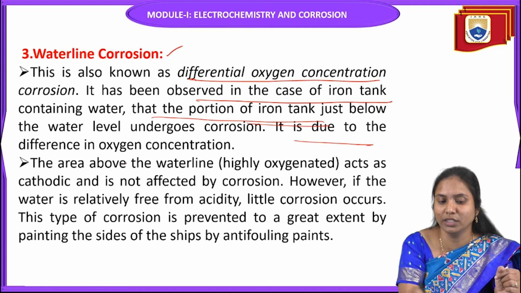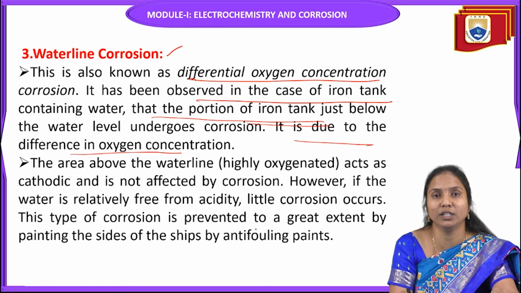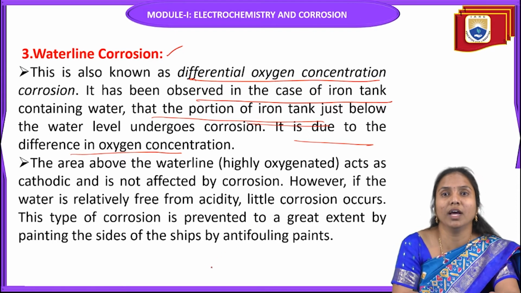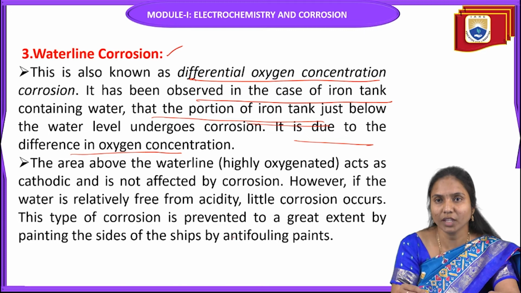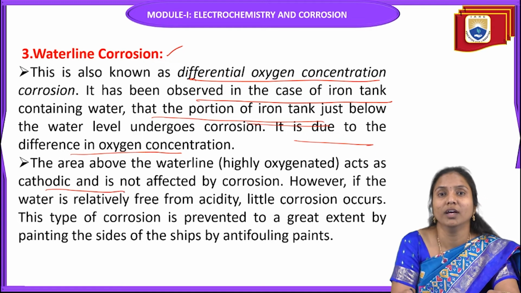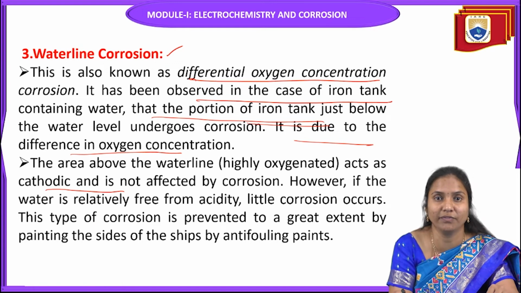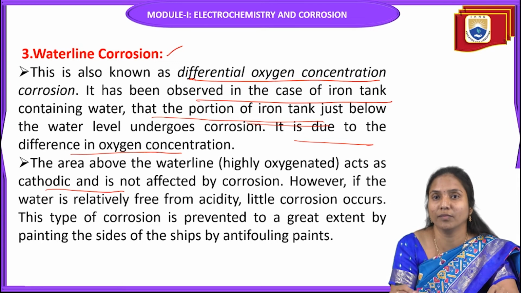It is mainly due to the difference in oxygen concentration. Above the waterline, the highly oxygenated area acts as the cathode, so this area is not affected by corrosion. Only reduction reactions take place, but they do not affect the cathode.